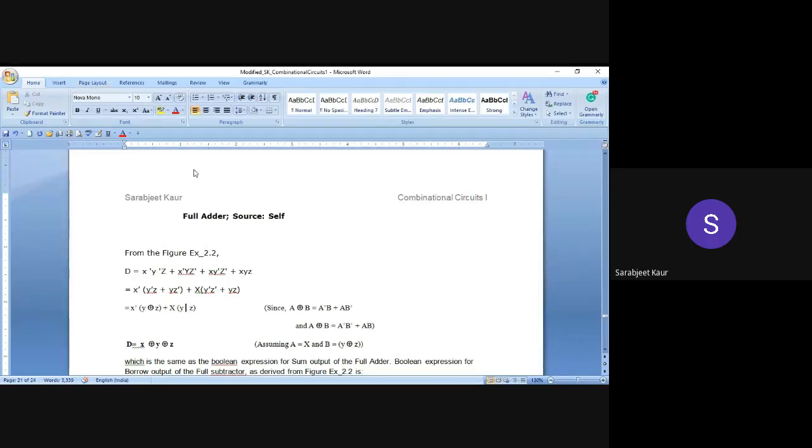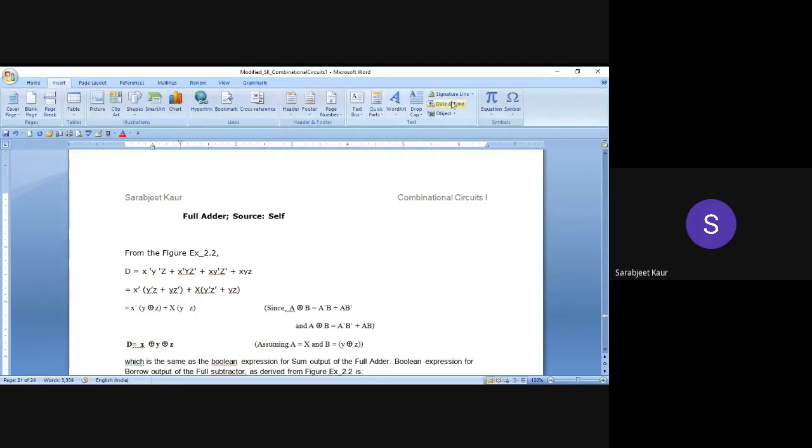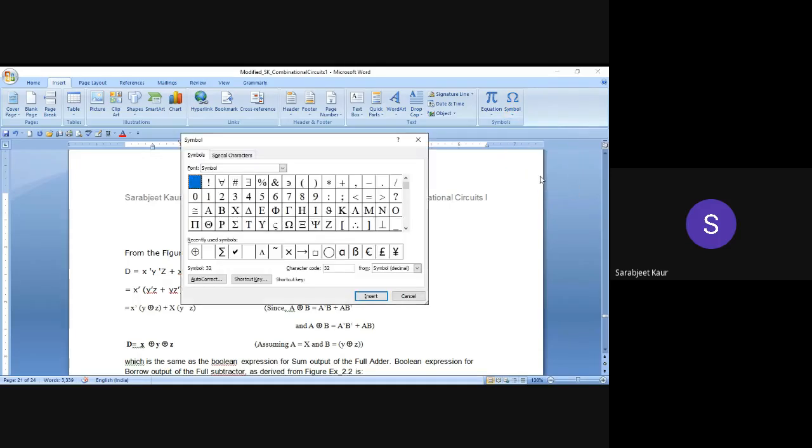This should be x nor here. Okay, students, this should be x nor. Let me see if I can just insert that symbol. Let me know if you can see it. Can you see the XNOR symbol here somewhere?